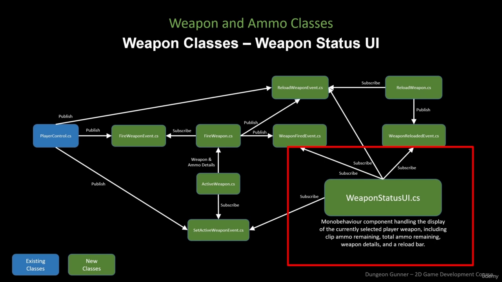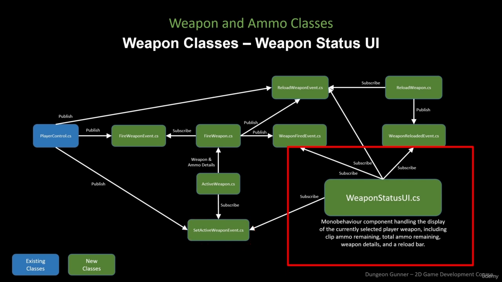weapon. So because we've used a modular event-based approach, we can easily implement a weapon status UI by having it subscribe to the weapon events that we've created when we've implemented the other functionality. So the weapon status UI is going to subscribe to the setActiveWeapon event to show what the current weapon is.